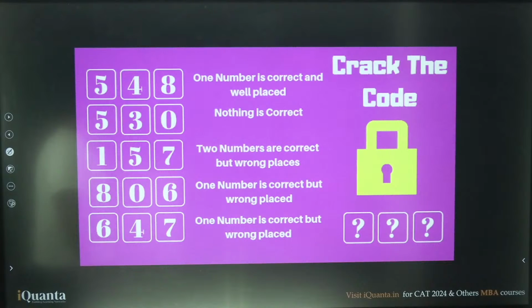So this is your homework now. This one. Crack the code. Okay. One session is over. Tell me in the comments. Take the screenshot. I'll move to the next one.